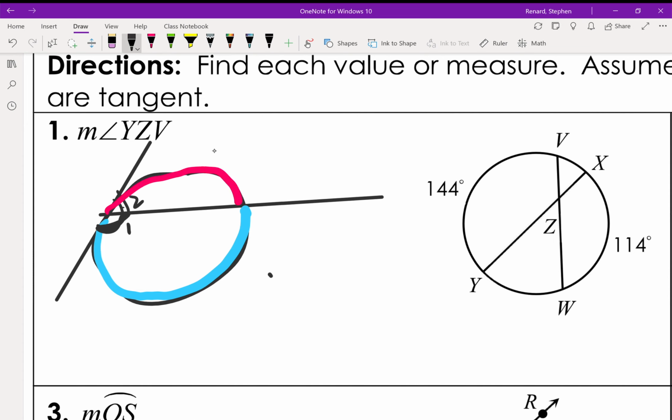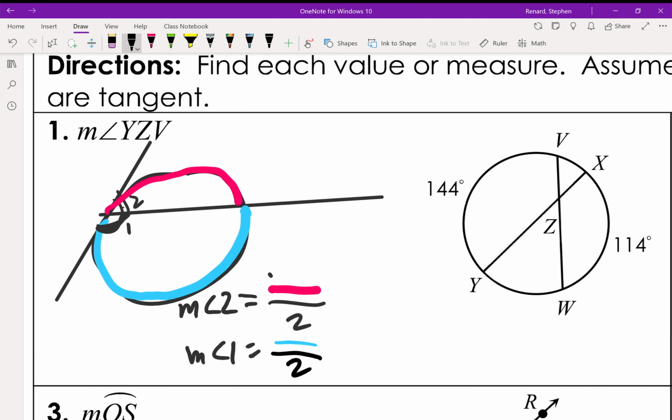So the measure of angle 2 is going to be that pink arc divided by 2, and the measure of angle 1 would be the blue arc divided by 2. So notice that this rule is very similar to any other inscribed angle, to where if this is x, then this is 2x.